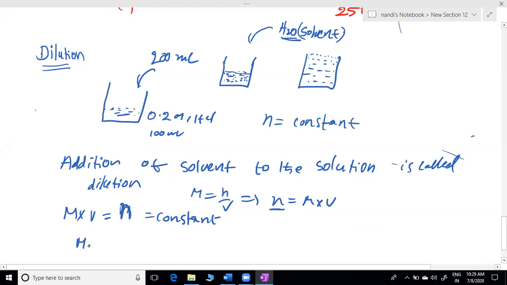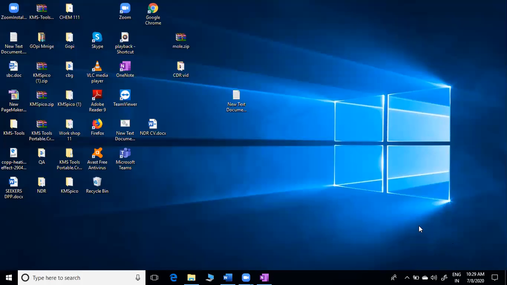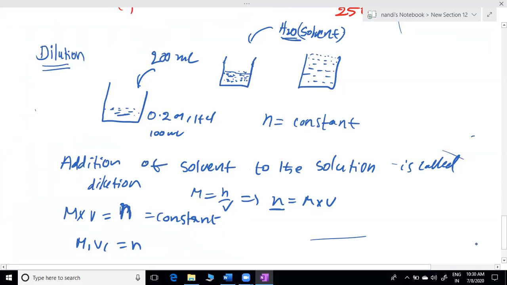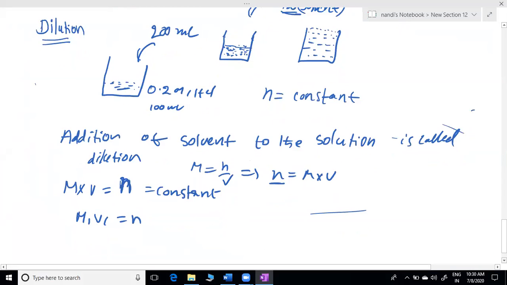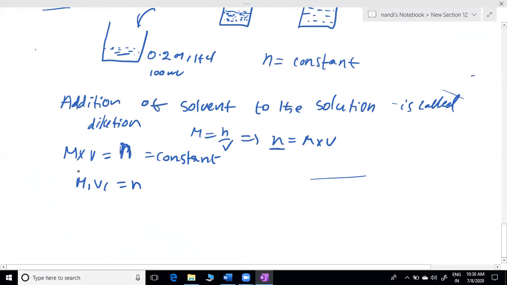Before dilution, M1 V1 equals n. So this is before dilution, equation 1 you can assume.